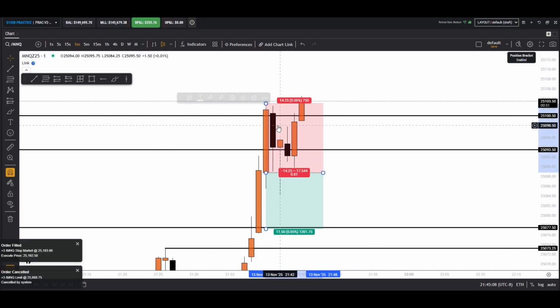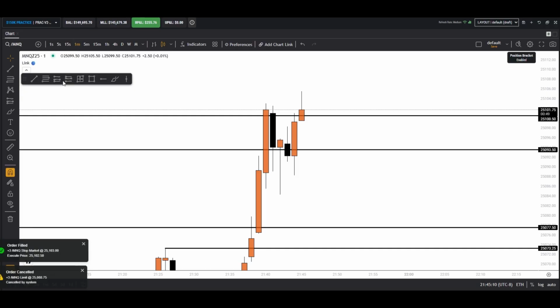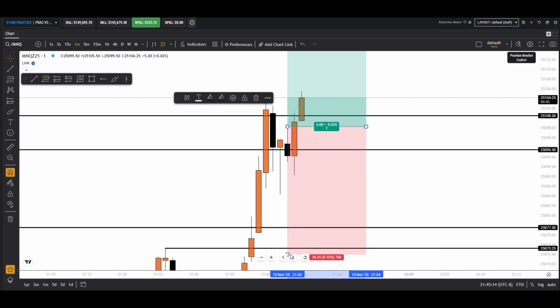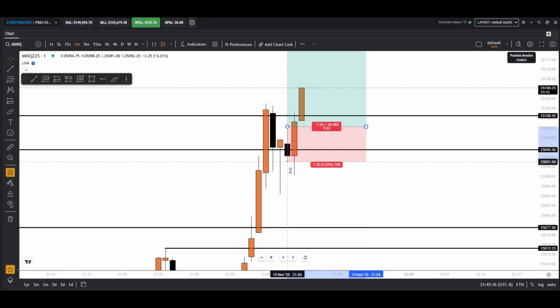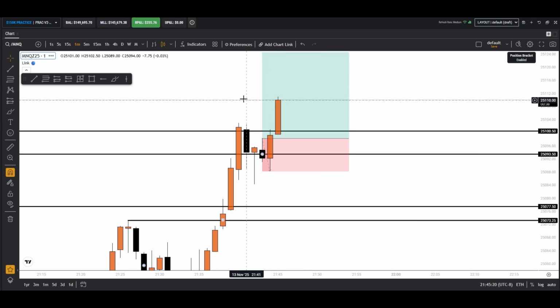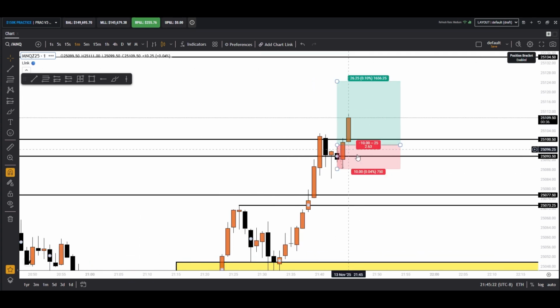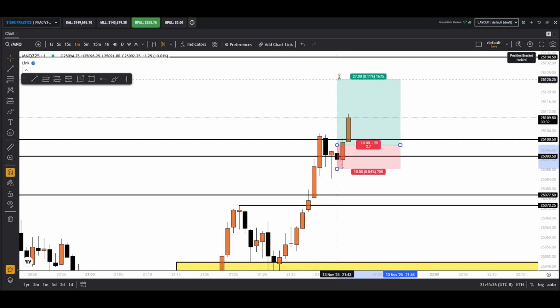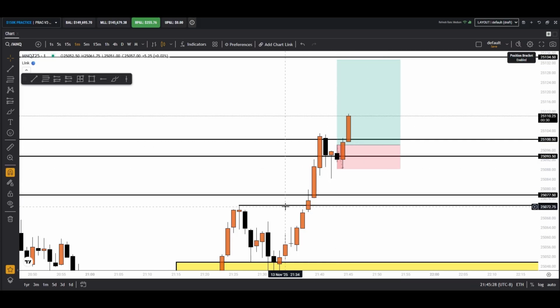Would have been nice to take break even there, but apparently it wanted to kiss my take profit and then go higher. So what I would have been looking for here is if it closes, it's failing to go lower, right? Take a long up into those levels.